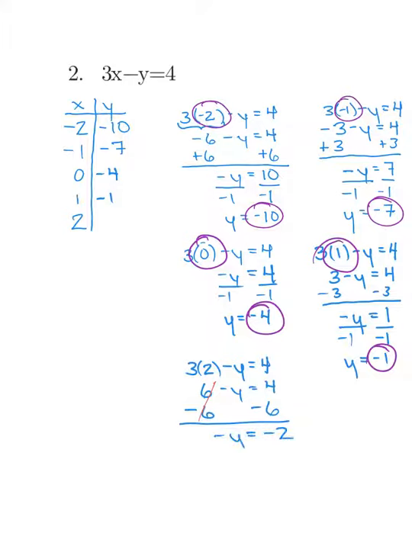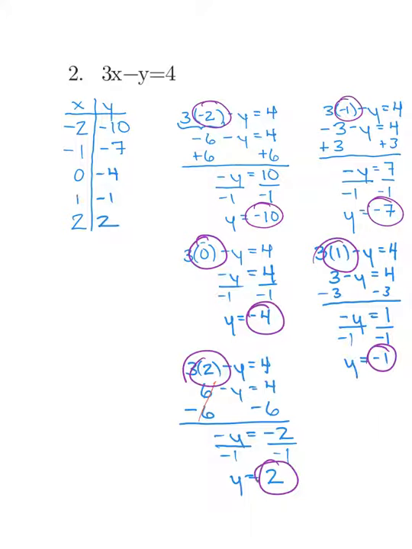We have different signs here, so we're going to subtract and keep the sign of the larger number. And then I want to divide both sides by negative 1, giving me y equals positive 2. So I will record that in my table. When x is 2, y is 2.